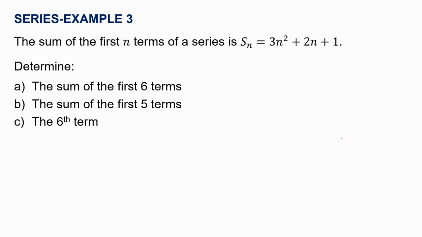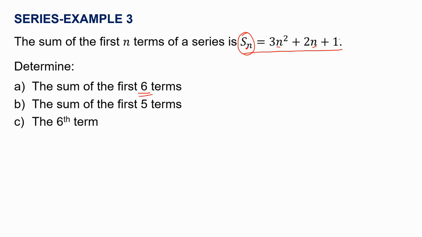Let's look at this question. The sum of the first n terms of a series is given by this formula. Determine the sum of the first 6 terms. Please take note. This is already giving you the sum of the first 6 terms, the sum of the first 5 terms, the sum of the first 10 terms, like that. So if n is 6 here, you just put 6 where there's n, and then you get the sum of the first 6 terms.